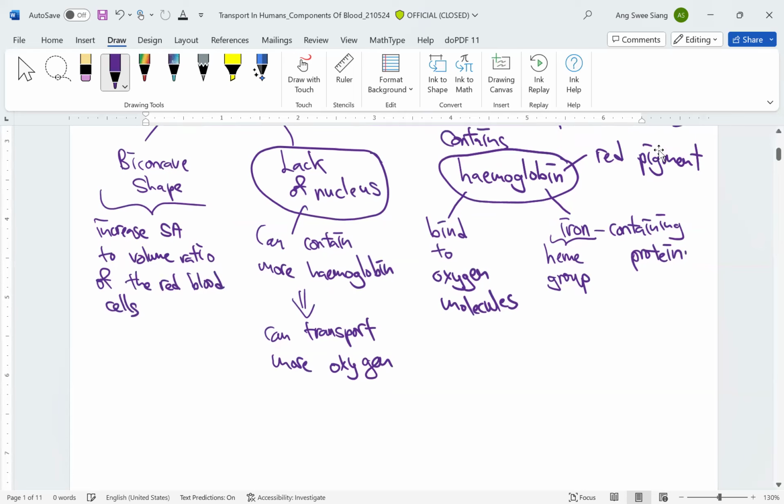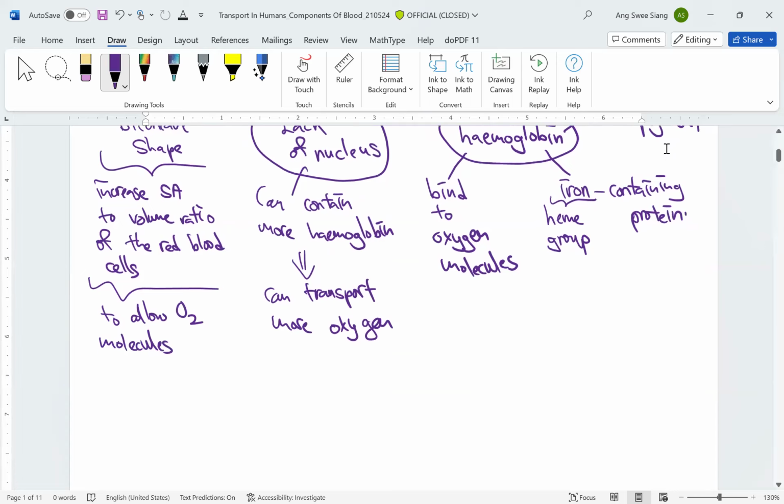The purpose is to allow oxygen molecules to diffuse in or out of the red blood cells faster.